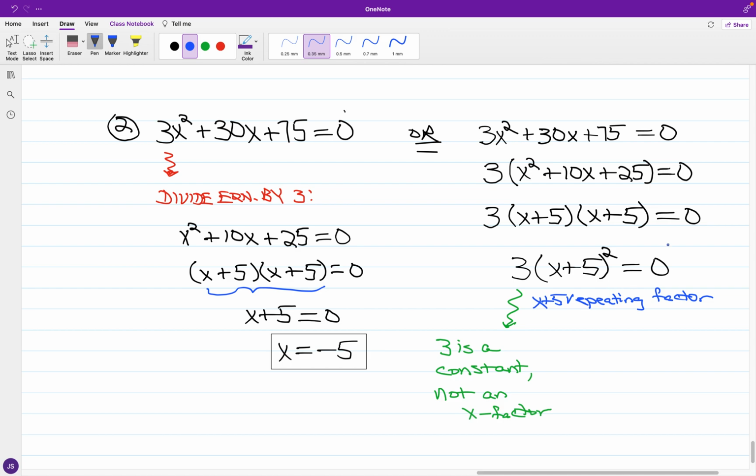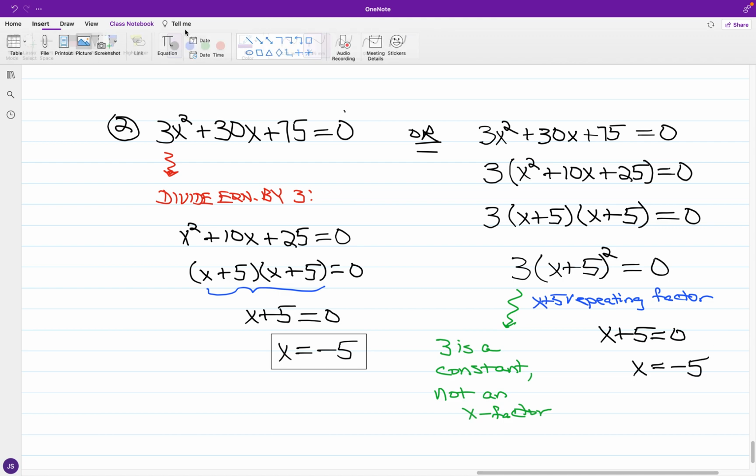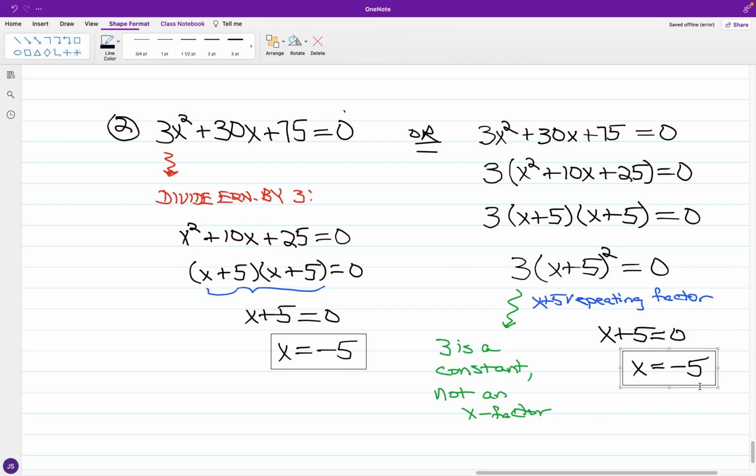X plus 5 is a repeating factor, so the only solution in x will come from just one use of x plus 5. X plus 5 is equal to 0. Again, distinct pathways, both still correct and both still arriving at the same result, whereupon we have that x is equal to -5.